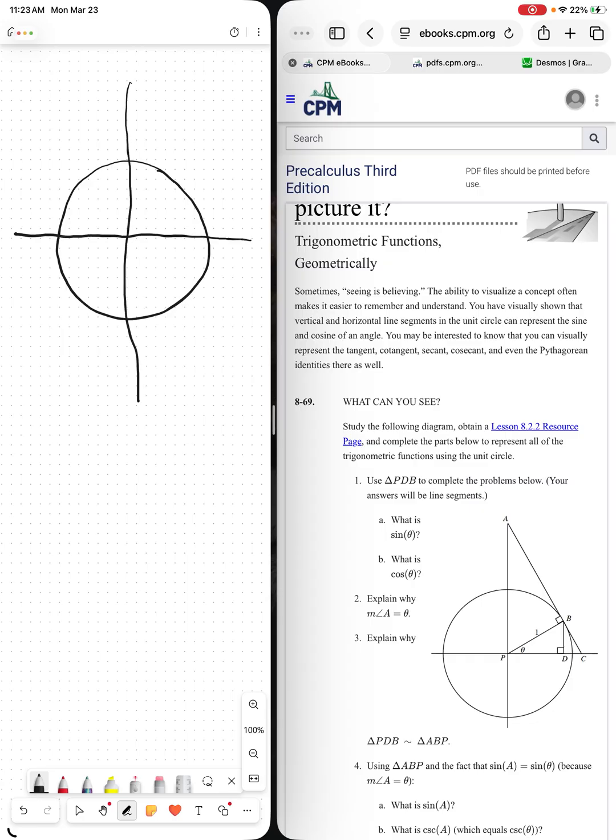And then we have P to B, B to D. This is a unit circle, so our radius is 1. We have B to C, and then we have some value A up here.